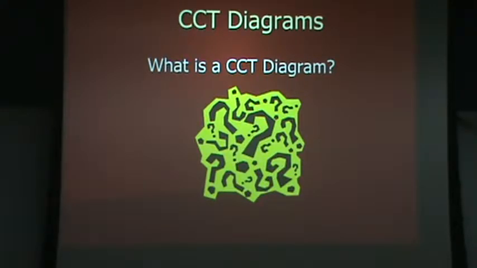You can convert from a TTT to a CCT, can't you? You could get close. I mean, you could take a TTT diagram and just draw a cooling curve over top of it. But keep in mind that from the thermodynamic standpoint, if you're cooling and then holding, you have a lot of time for diffusion to occur and things to happen at that isothermal temperature.